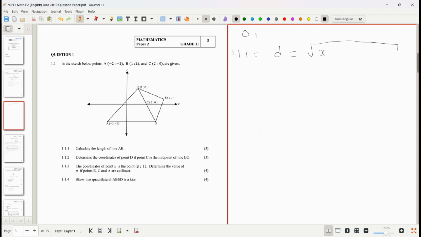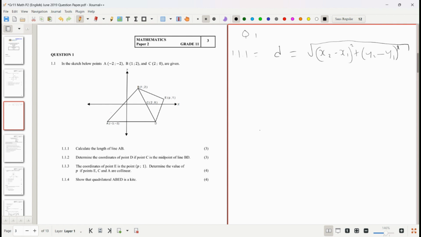So this is x2 minus x1, squared, plus y2 minus y1, and you square. So this is the distance formula.